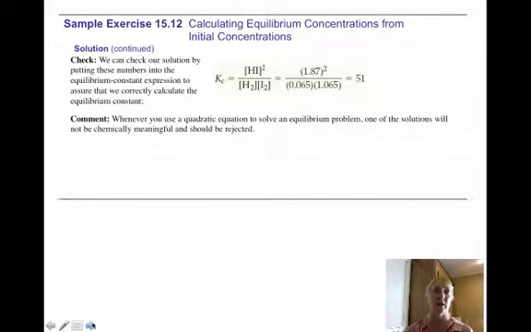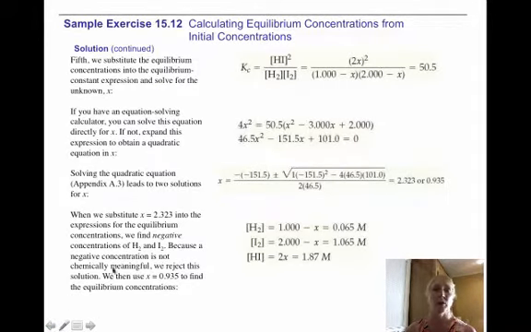When you end up with an answer, let me back up on that one just to be sure. When you solve for X with the quadratic equation, you have two possible answers, and one works and one doesn't work. If you use one of these numbers, like the 2.323, you get negative concentrations of hydrogen and iodine, and that's just simply not possible.